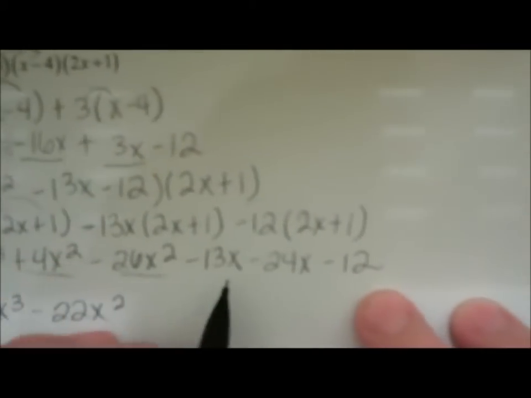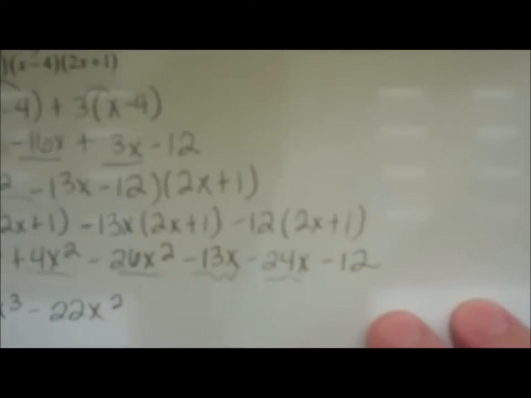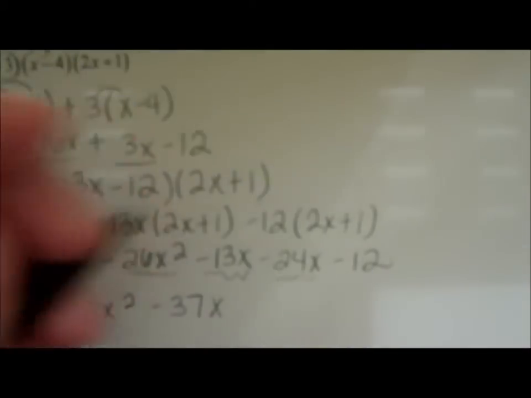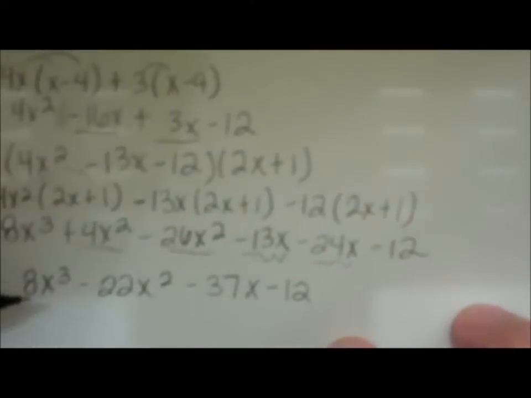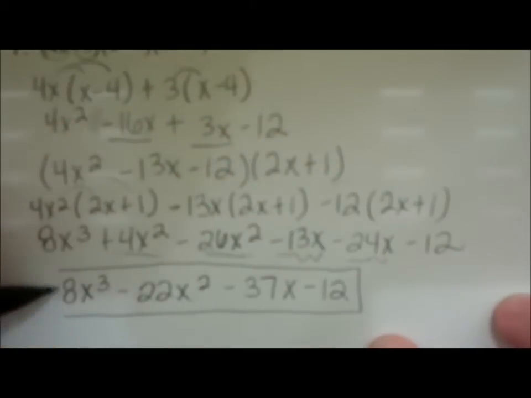Then we have two x's here. We have a negative 13 and a negative 24. You combine those and you get negative 37x, and you still have a negative 12. So this is your answer here. That's number 7.